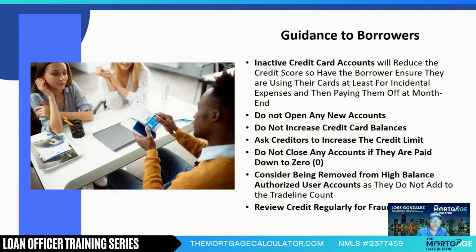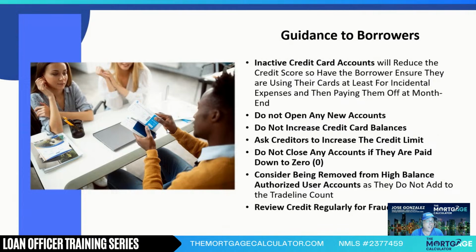If you had $10,000 in available limit and 5,000 in use, you're at 50%, and you close down that account that had 5,000 in limit but zero use, now you're at 100% utilization. You've got 5,000 limit and 5,000 use. So now your credit's going to drop to like 600, 580s if you're at 100% utilization.